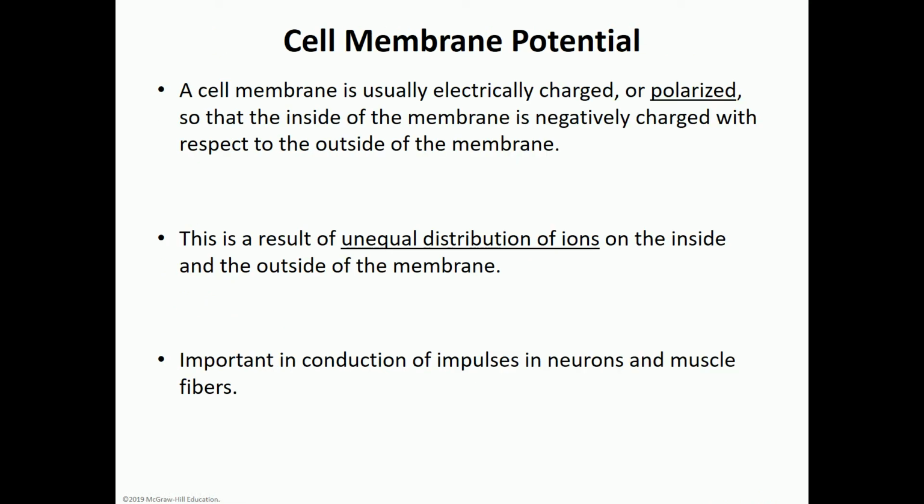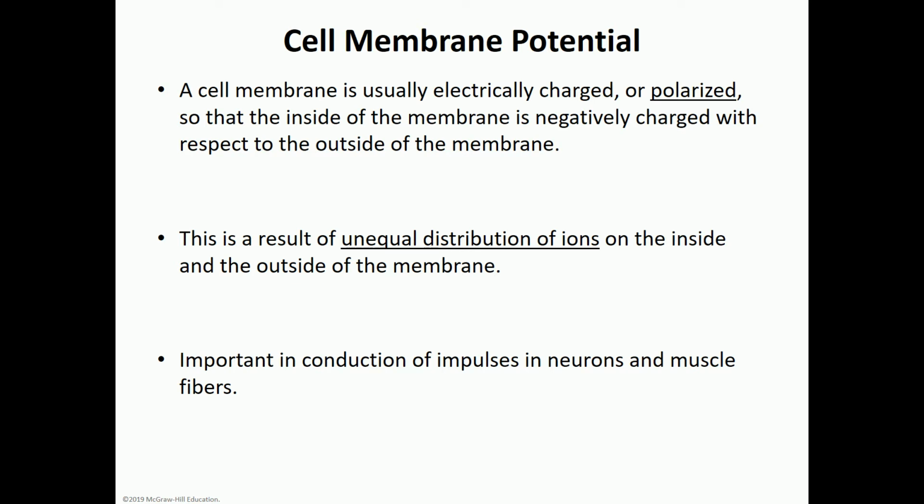Now, what is the cell membrane potential? So potential means electricity. And remember we said that there is a potential, or the cell membrane acts like a barrier between the inside of the cell and the outside of the cell. The inside of the cell is more negatively charged in relationship to the outside of the cell.